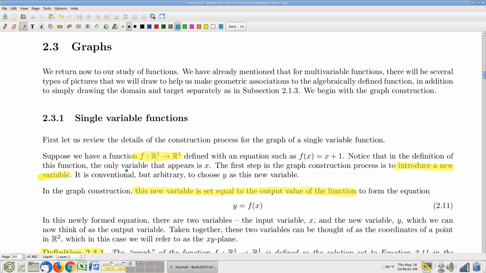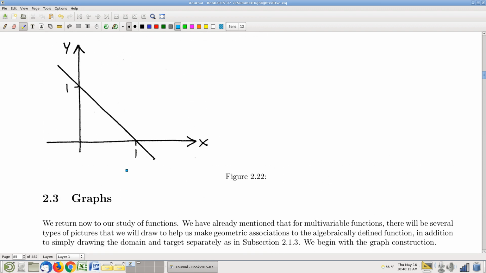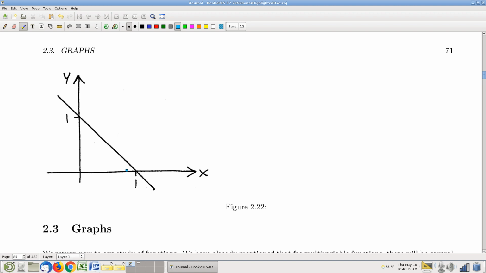The next 3 sections really are about functions, how to represent functions. Remember, we have our old friend from single variable calculus class, which is the graph of a function, and we use graphs so much and so exclusively, some students don't even realize there's a difference between a function and the graph of a function.